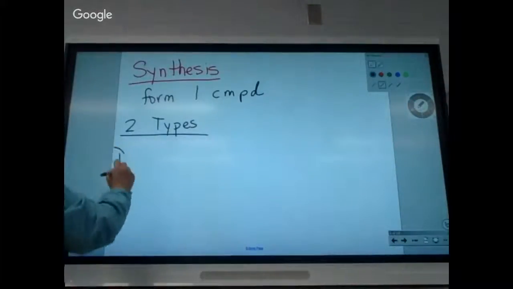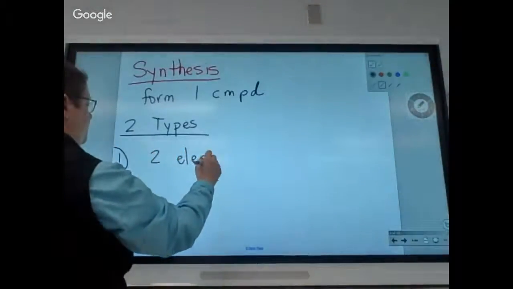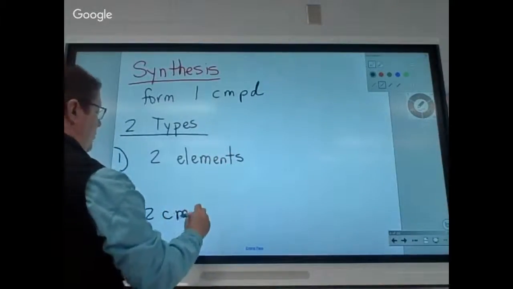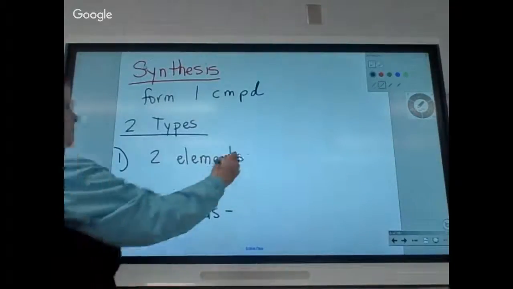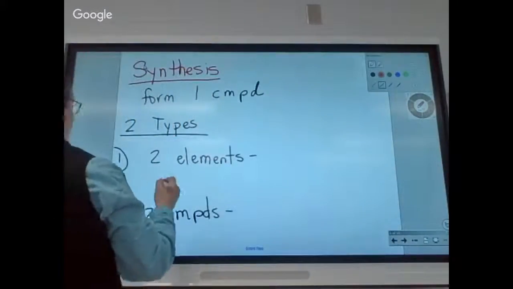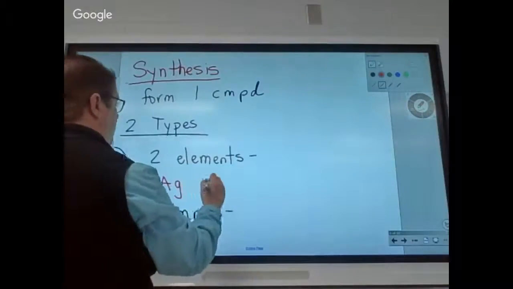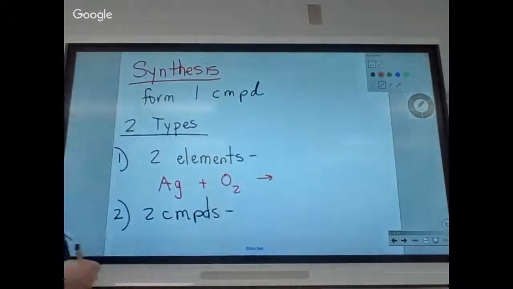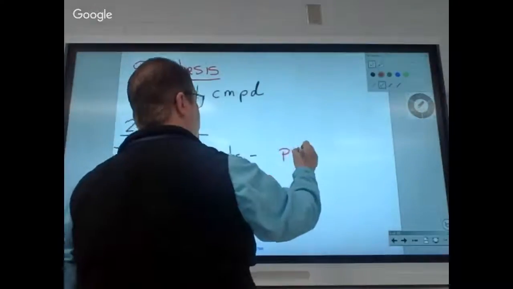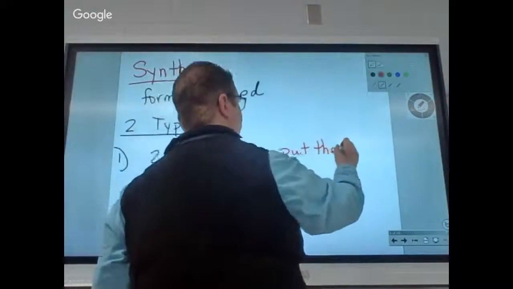You're either going to get 2 elements or you're going to get 2 compounds. If you get the kind that just has 2 elements, such as, let's say you have Ag plus O2, what are you going to do? You're just gonna shove them together. That's exactly right. Anytime you have 2 elements, you're just going to put them together.